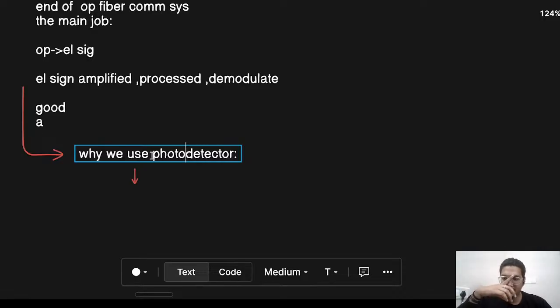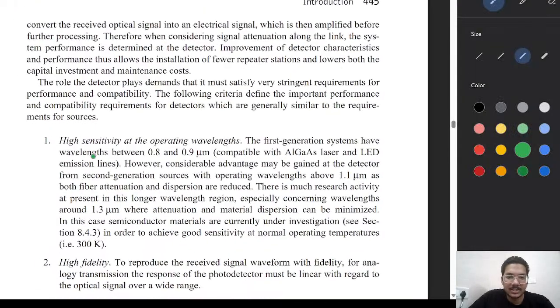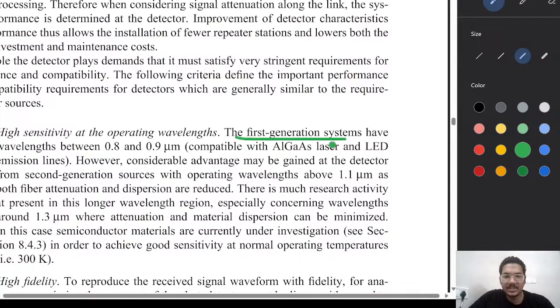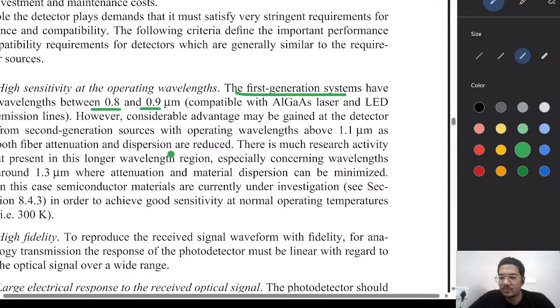Performance and compatibility requirements. First, high sensitivity at the optical wavelength. The first generation system has a wavelength of 0.8 to 0.9 micrometers, and the second generation system moved to 1.1 to 1.6 micrometers, where fiber attenuation is lower and chromatic dispersion reduces.